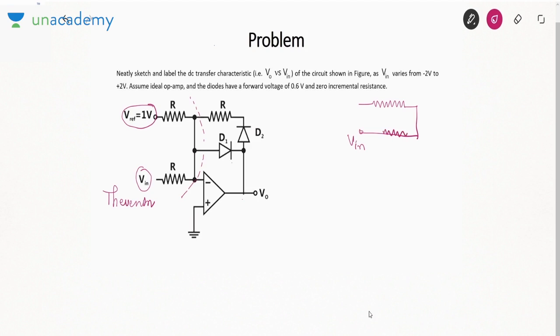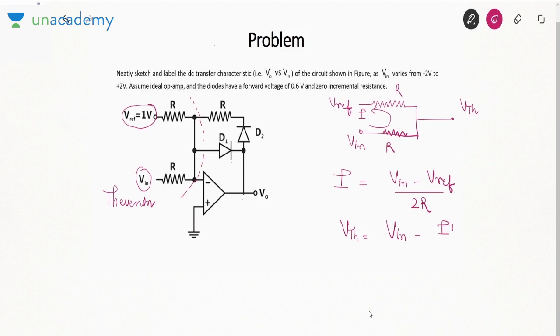This is Vin, R, V reference, R. I want to know the Thevenin voltage and Thevenin resistance. How to find the Thevenin voltage? I'll say current I is flowing in this loop. What is this I? Vin minus V reference, and the total resistance is 2R. Now to find VTH, VTH is Vin minus IR, that is the drop across this resistance R.